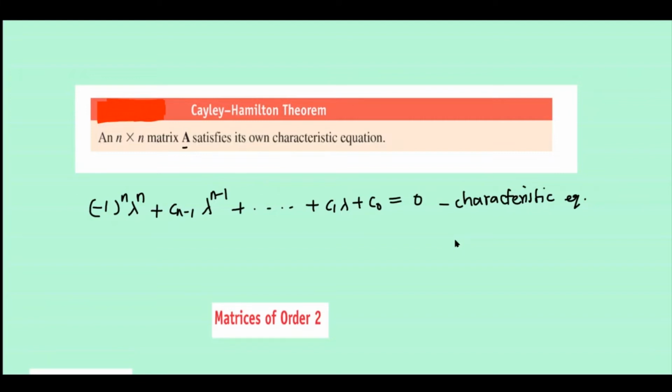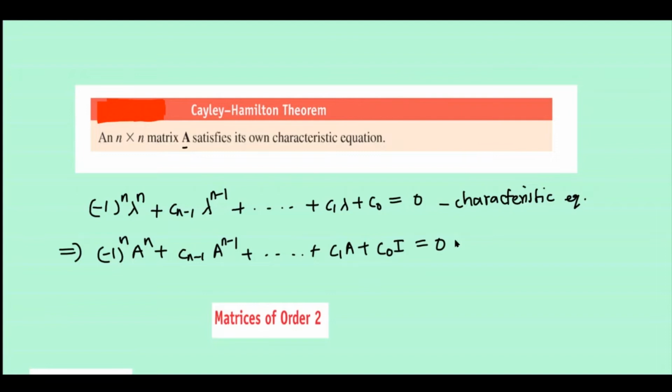Now, according to Cayley-Hamilton theorem, the matrix A should satisfy its characteristic equation. That is, A should satisfy this equation, which means that we should get minus 1 raised to n, A raised to n plus Cn minus 1, A raised to n minus 1 plus etc. C1 A plus C0 I equal to 0.